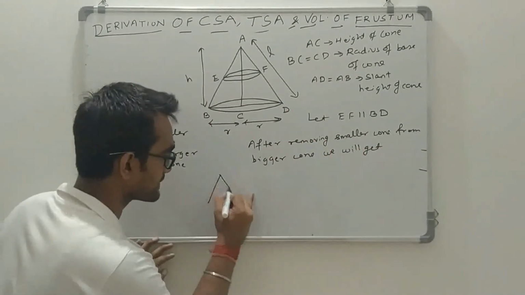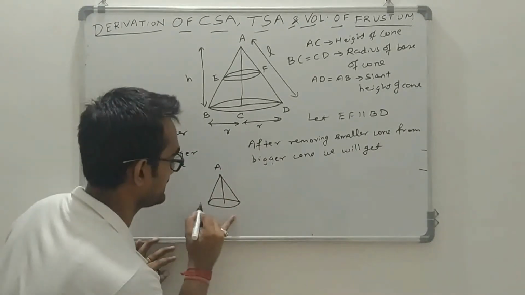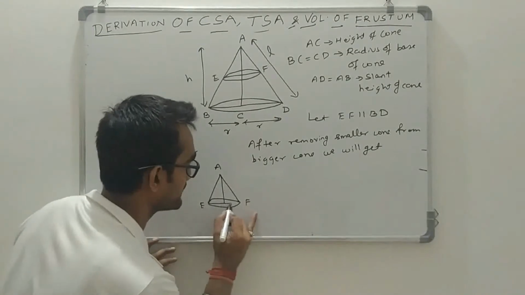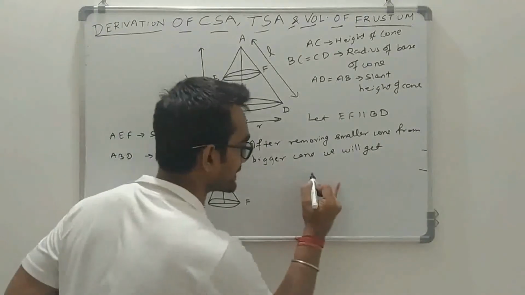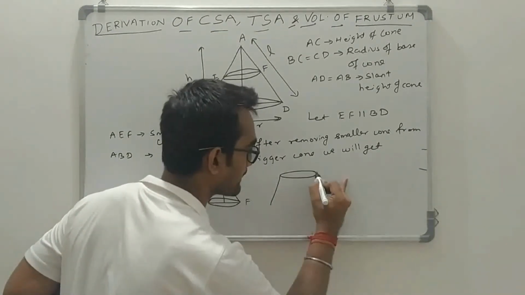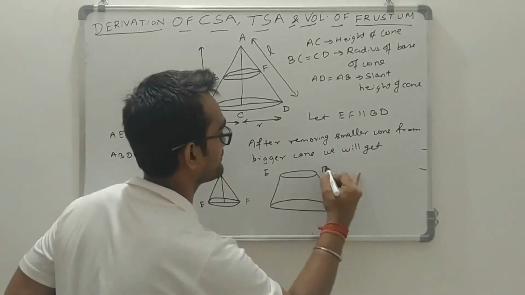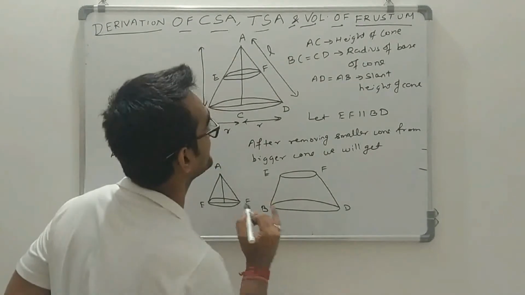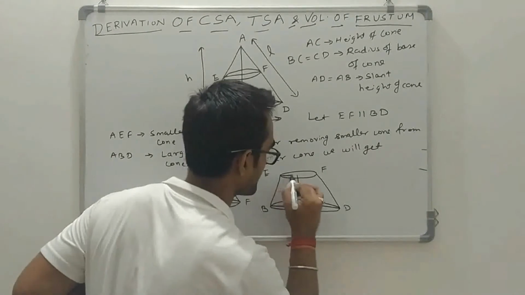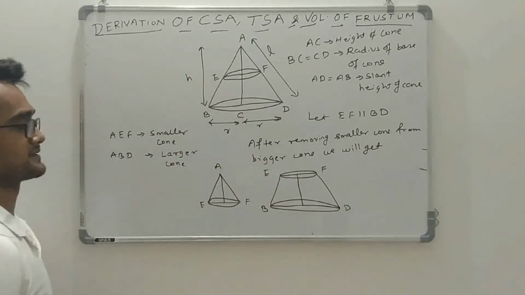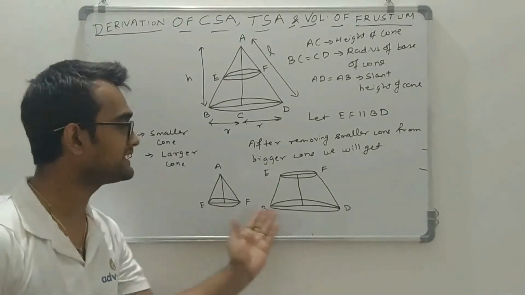The first one is this one, A, E, F. This is the smaller cone which is obtained by removing it, and the remaining one E, F, D, B. Thus, after removing the smaller cone from the bigger cone, we obtain these two figures.